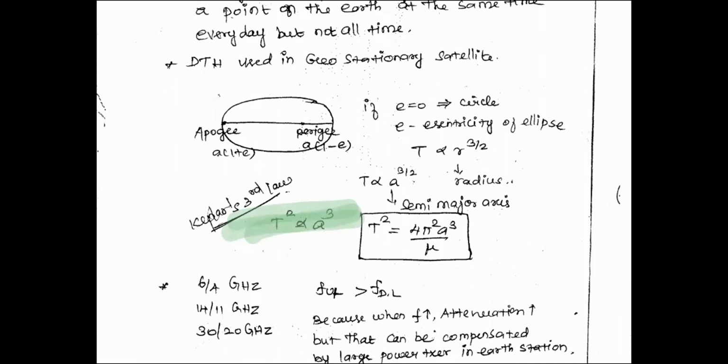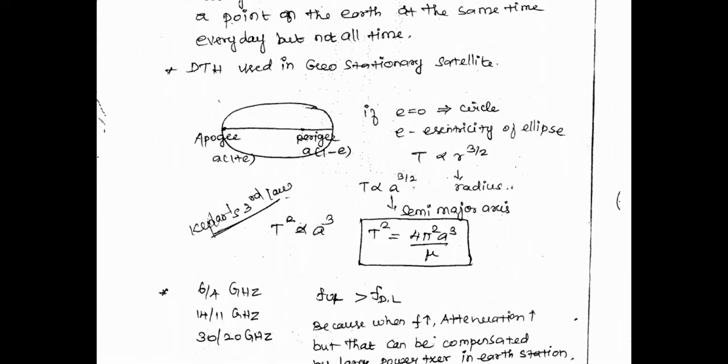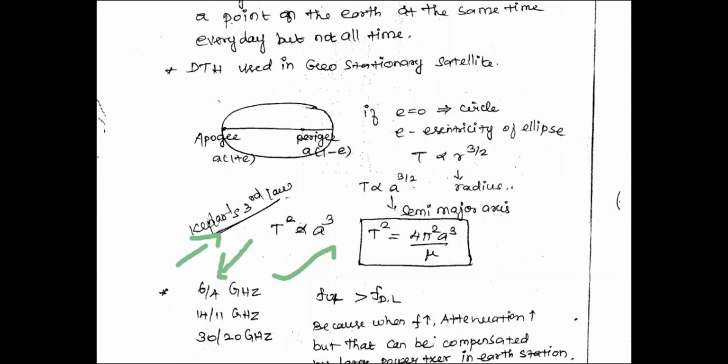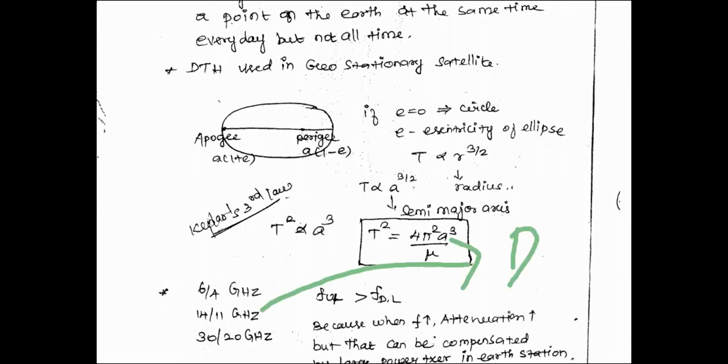Next, they have given some frequency of operation. Generally, that frequency of operation can be 6/4 gigahertz. Here, 6 indicates the uplink frequency and 4 indicates the downlink frequency. Similarly, in the second case, 14 indicates the uplink and 11 is the downlink. They have given different categories where these are used. The second category is generally used in DTH, direct to home satellite.